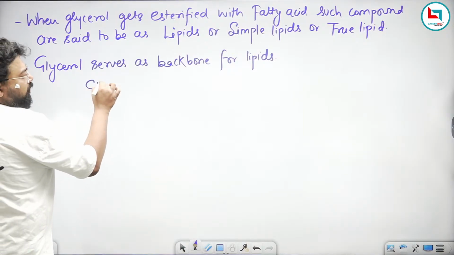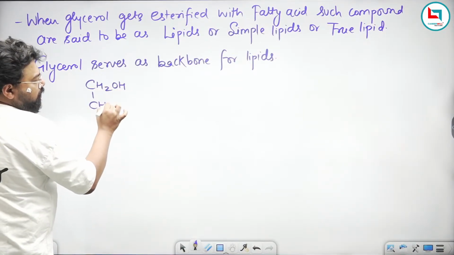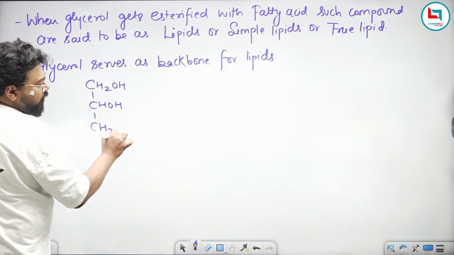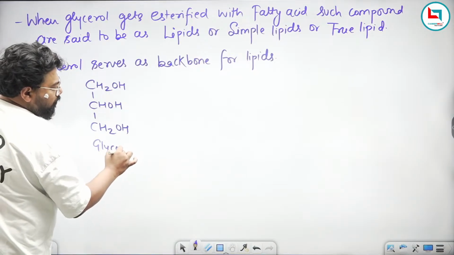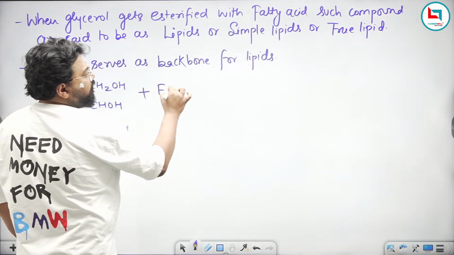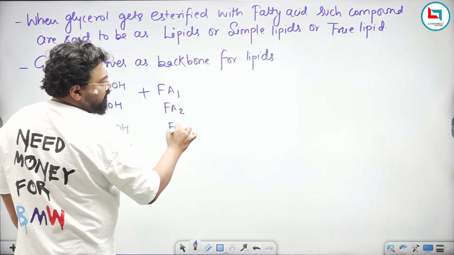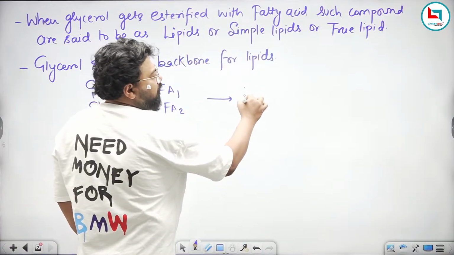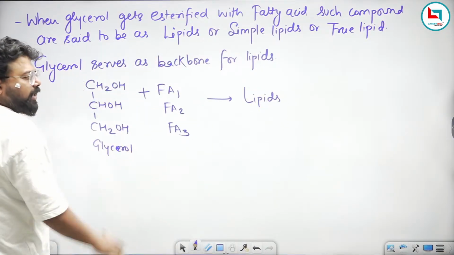So this is our glycerol, and let us suppose these are the molecules of fatty acids. These are three different types of fatty acid and these are going to form a lipid molecule. So glycerol is working as a backbone.